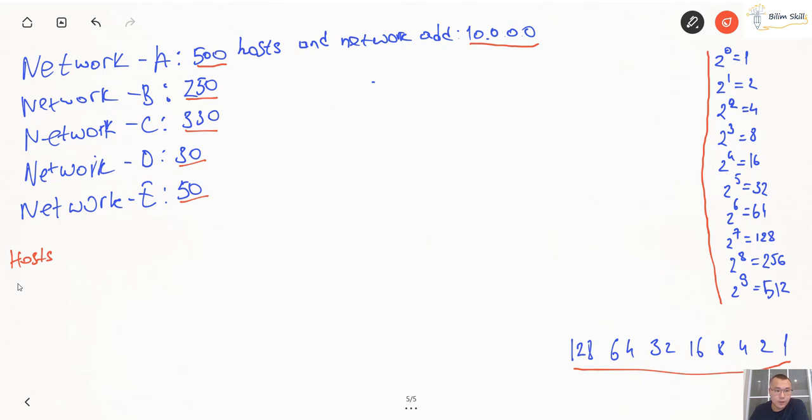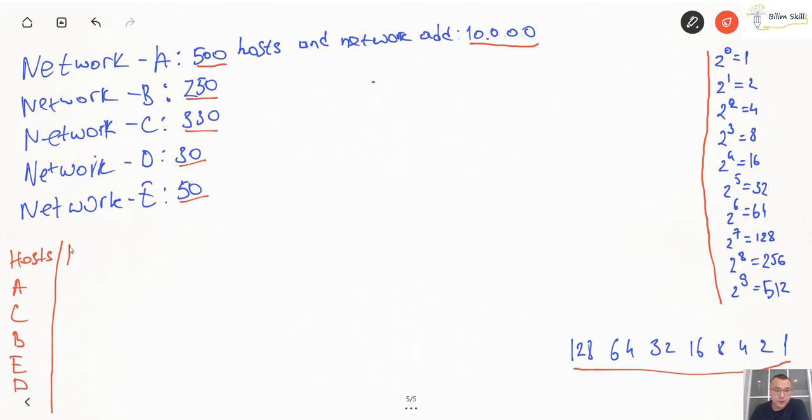First will come network A, then network C, then network B, then network E, and network D last. Okay, and after that we have to find the prefix.